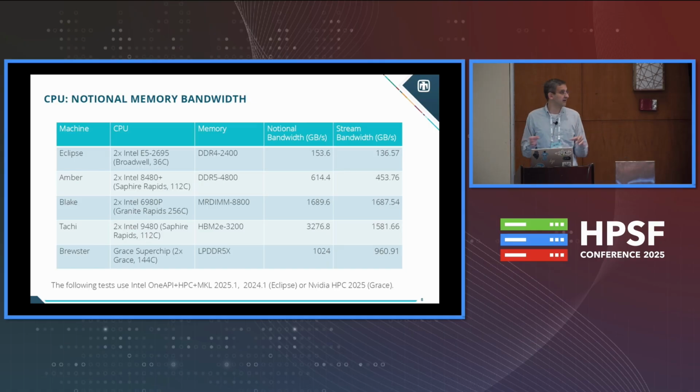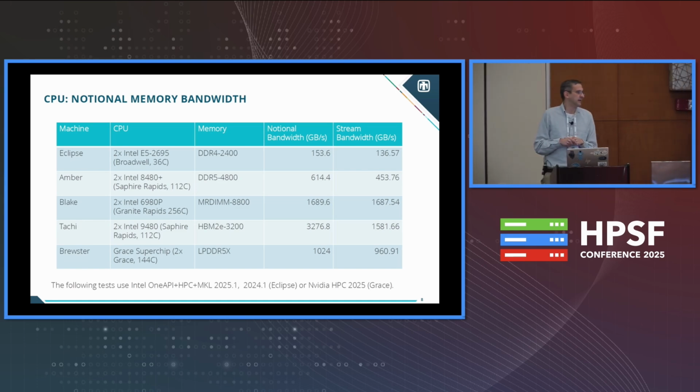Everything I'm going to show you here is going to use the Intel 2025, where I can get it to work. It did not work on Eclipse for whatever reason, so I'm stuck with 2024, and the Grace 2025. Since I'm using stock compilers, you might ask questions like, are the MPI bindings right? The answer is probably not.